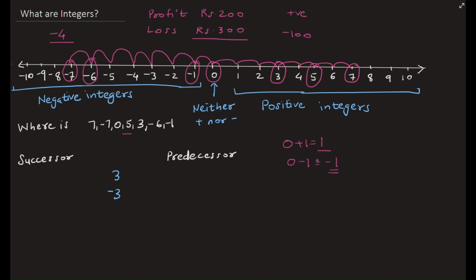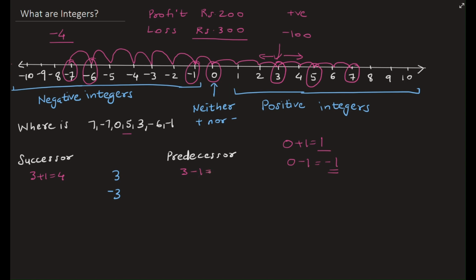Let me find out which numbers are successors and predecessors of 3 and negative 3. I take 3 on the number line. Here is 3. Immediately one step to the right and just one step to the left. The successor is just one step to the right, or 3 plus 1, which equals 4.